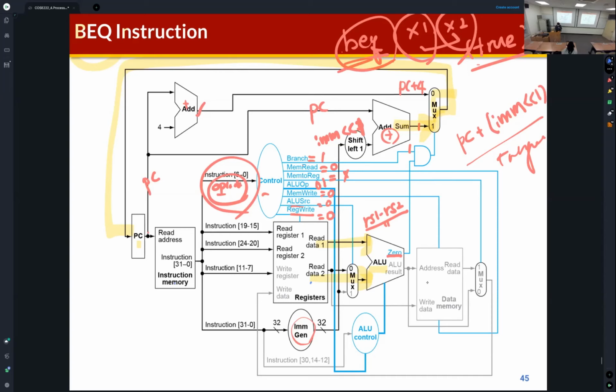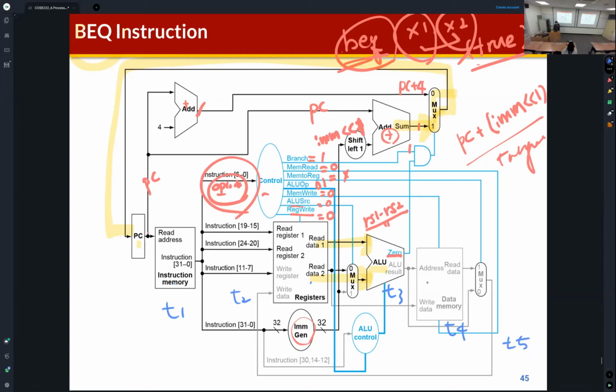So this instruction memory has the delay like T1, and then register file has the delay of T2, and the multiplexer also has delay, right? But let's just ignore the delay of the multiplexer. And ALU has the delay like T3, and then data memory has also delay T4. And then in order to write some data to the register file, it has also delay T5.